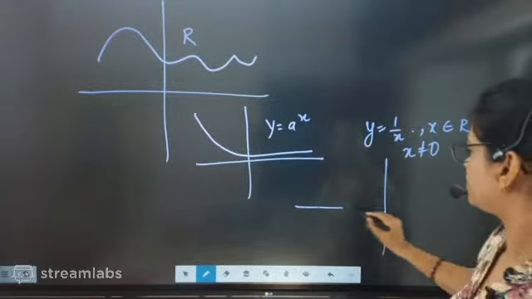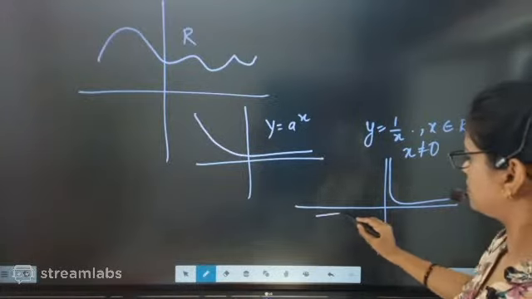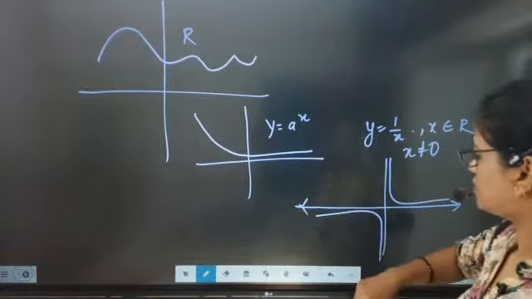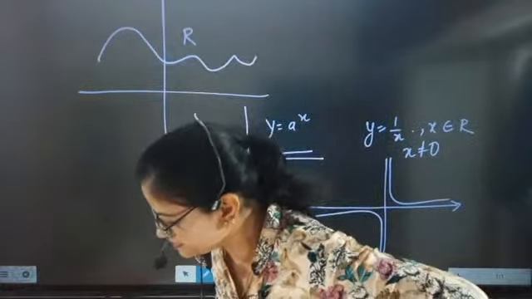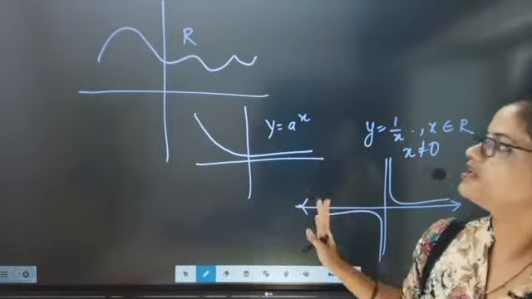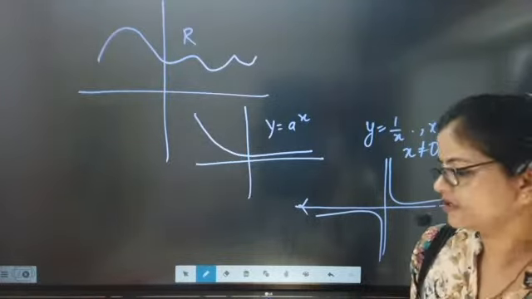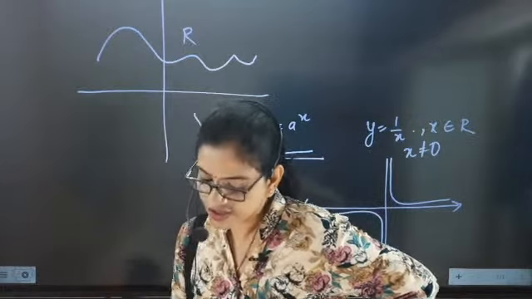The moment I draw the graph, you will see the answer. Now come on, tell me. Which one do you feel is increasing, decreasing, and which one cannot be explained? Very good, beta.